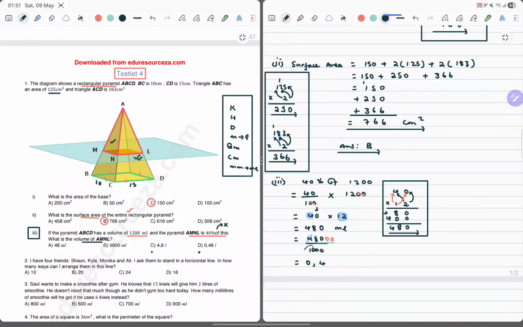So you're going to ask again, how many times does 1,000 go into 8,000? Goes 8 times. And that's the liters. So what does that mean, guys? Answer is D. Okay, so therefore our answer is D.